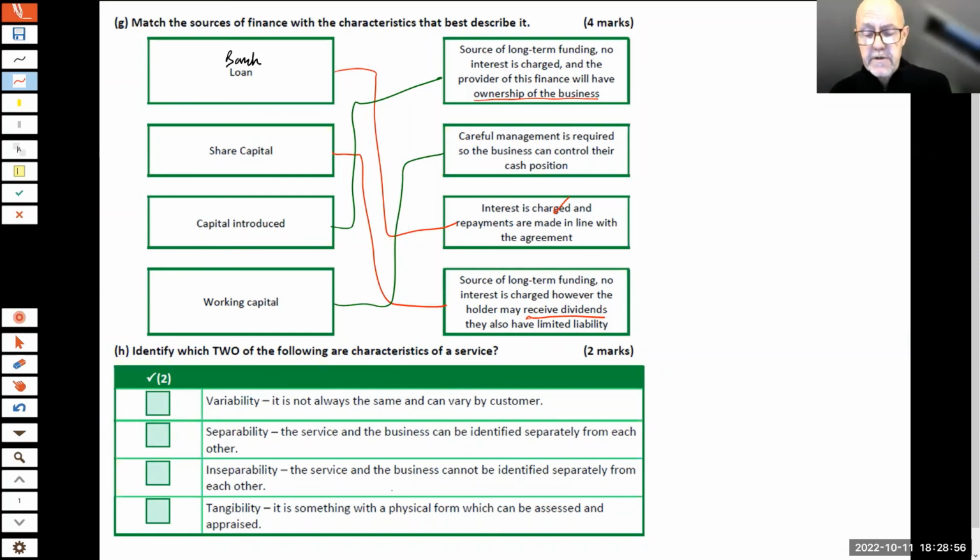Inseparability. The service and the business cannot be identified separately from each other. Tangibility. Something, well, we can rule out physical form. And I think we can say that it's always the same and can vary by customer. Separability. Service and the business can be identified separately.